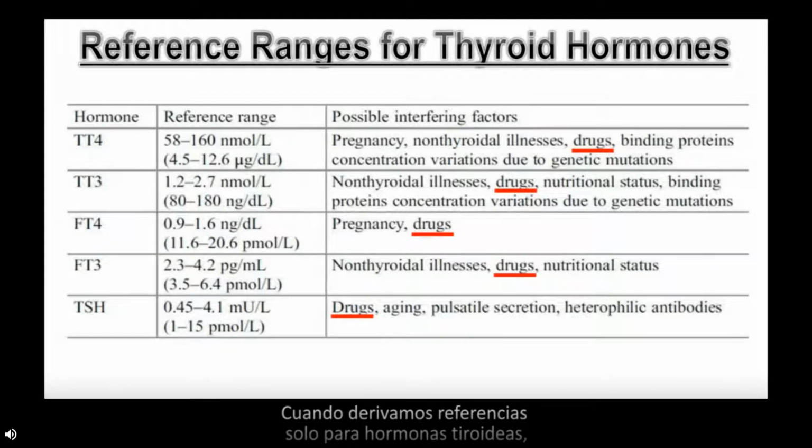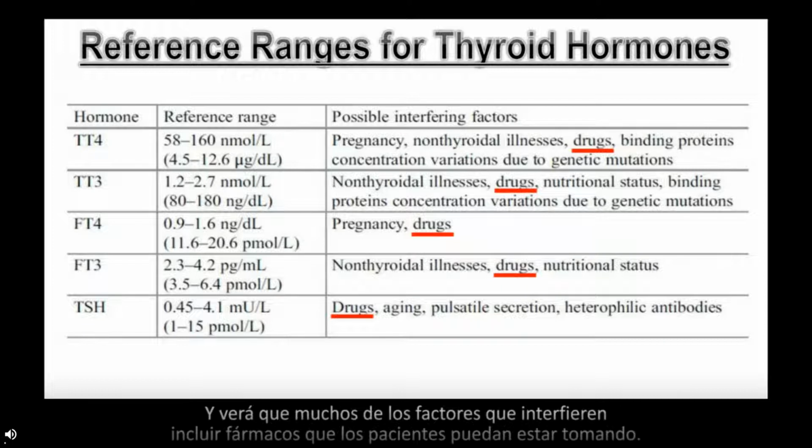When we derive reference ranges for thyroid hormones, we have to remember the possible interfering factors that could affect the values for our reference population. And you will see that many of the interfering factors include drugs that the patients may be taking.